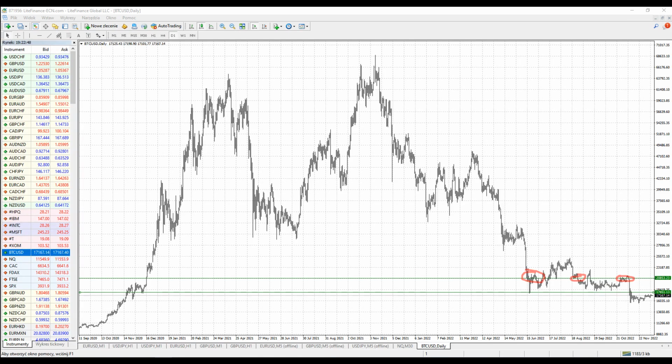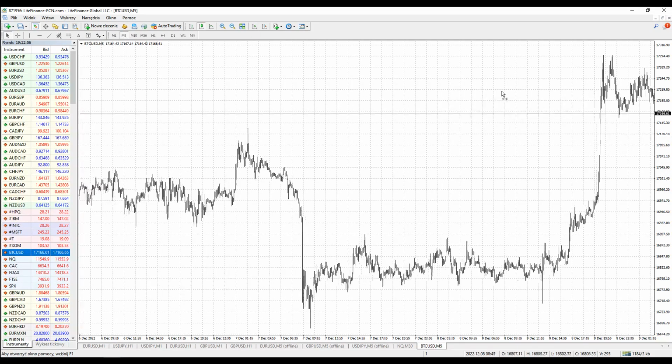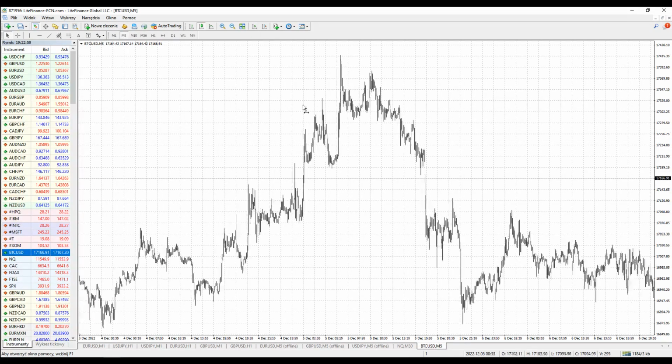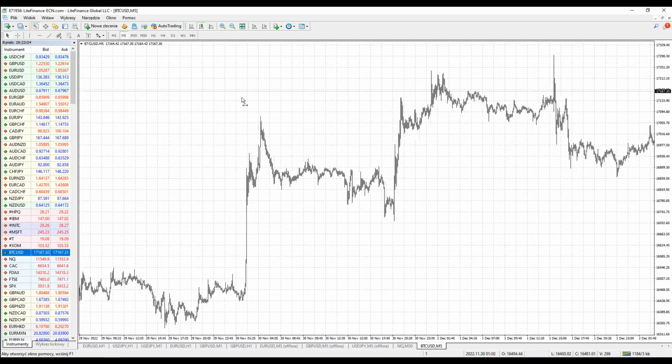In that case, if we switch to the 5-minute chart, we are going to have the clear visible price action going back.